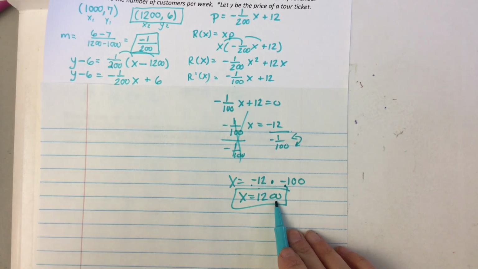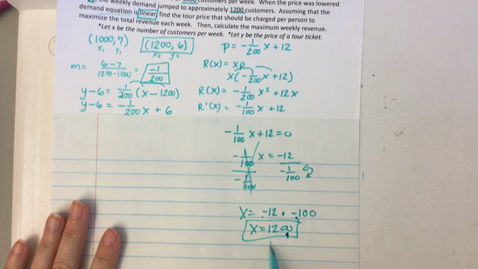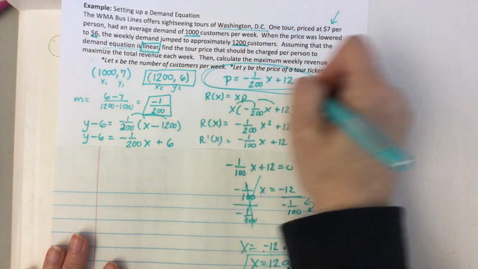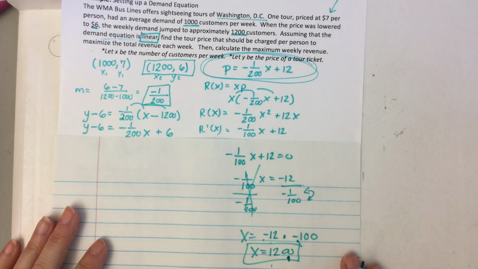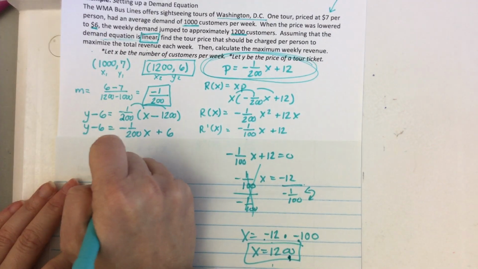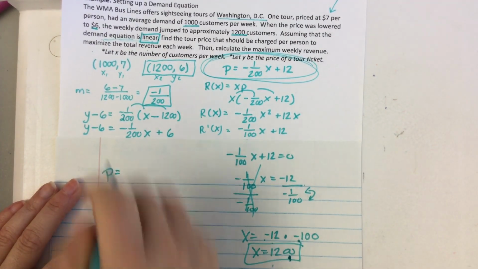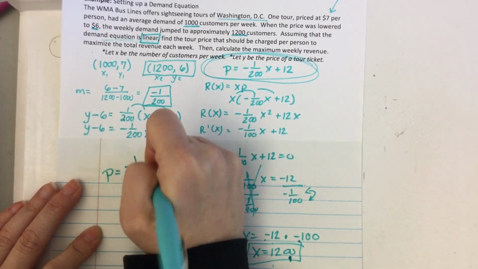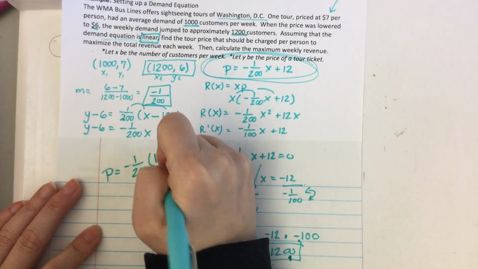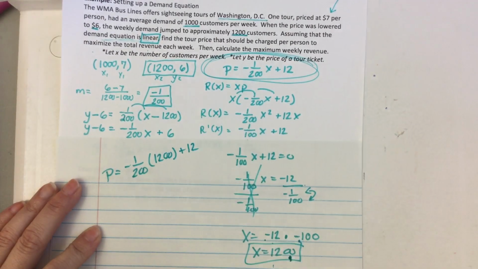The question says find the tour price. Well, here's the P function. That's your demand function. It tells you the price. So we want to know the price to get 1,200 customers. Negative 1 over 200, x is 1,200, plus 12.